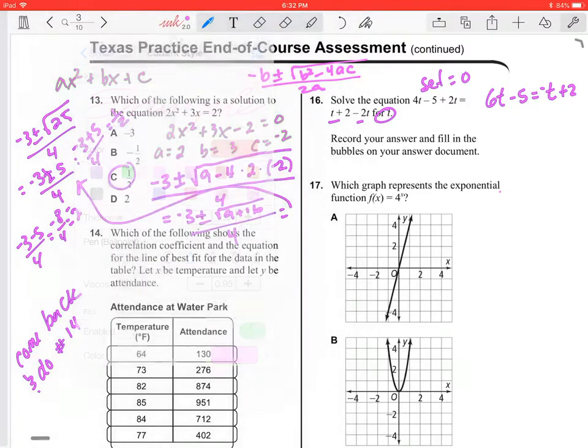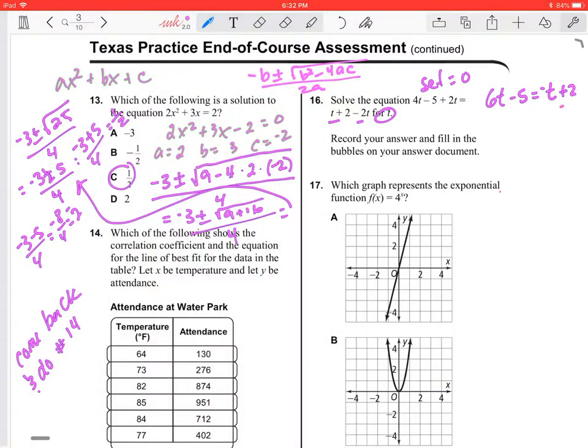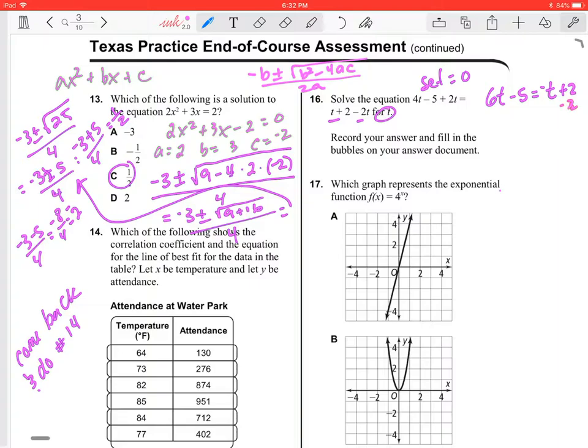Now I'm going to combine the like terms. I'm going to subtract 2, and I'm going to add t. So that's going to give me 7t minus 7 is equal to 0.